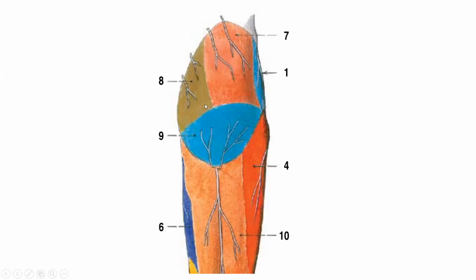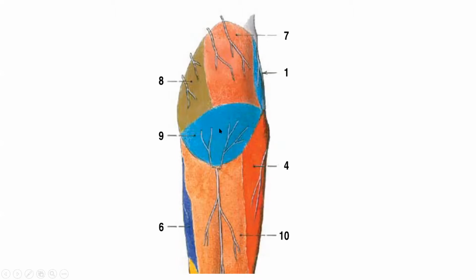This area marked by the number 8, those nerves are the middle clunal nerves, which are the dorsal branch of the spinal nerve from segments S1, S2, S3, supplying the medial aspect of the gluteal region.